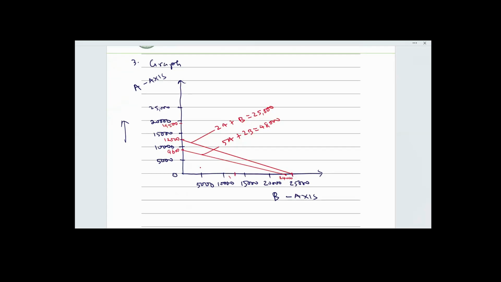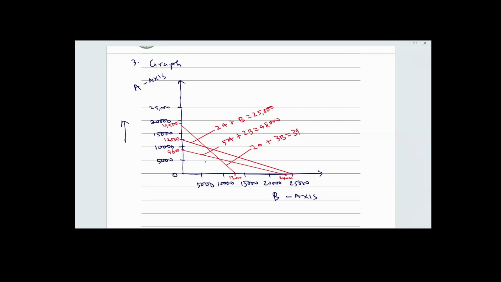So join the two. Straight, sir. Wow, that's straight. Thank you. So write out the equation, which is 2A plus 3B. 2A plus 3B equals to 39,000.